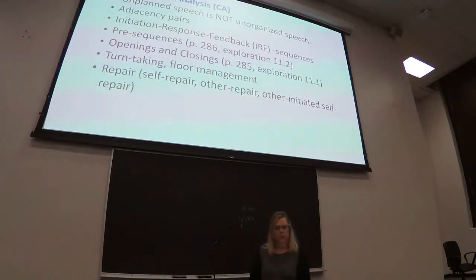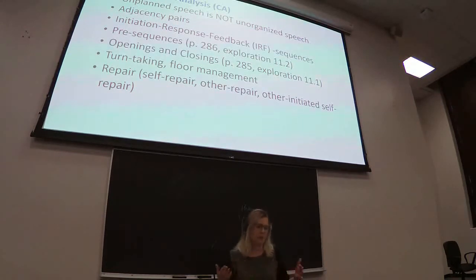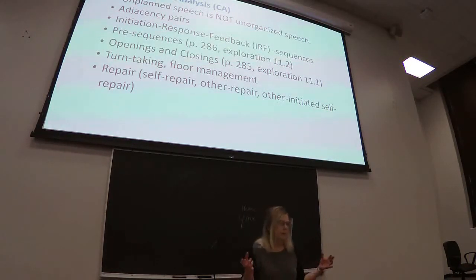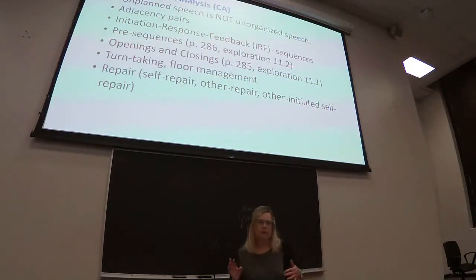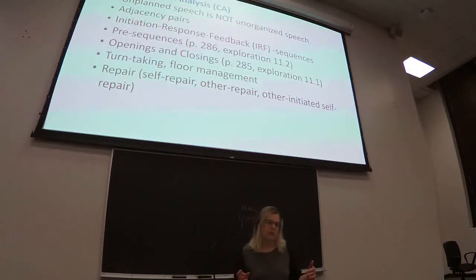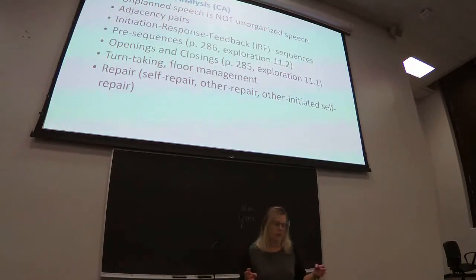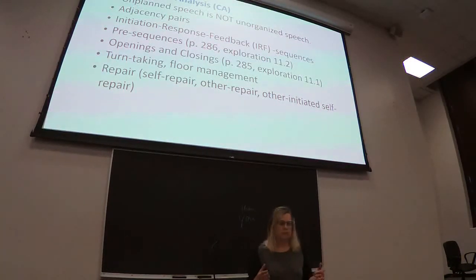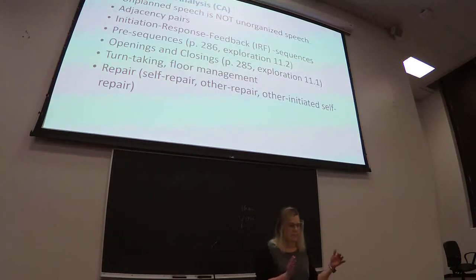The initial point of people who started doing conversation analysis was to underscore that unplanned speech is not unorganized speech. Like in my introduction to Grice's maxims last time, I was talking about how Grice wanted to show that yes, grammar has rules, but so does discourse.